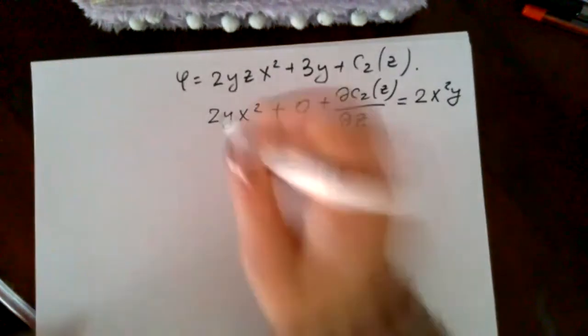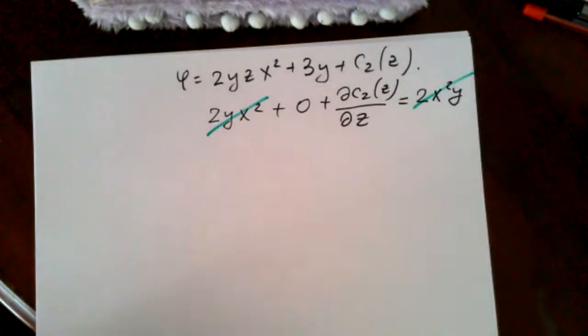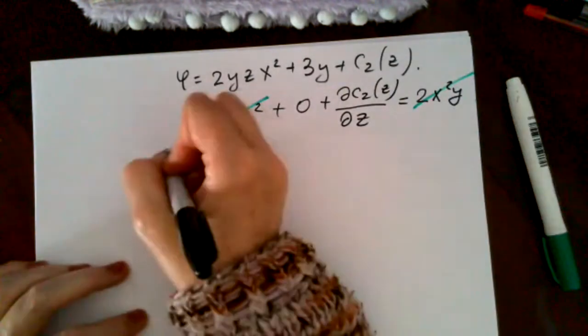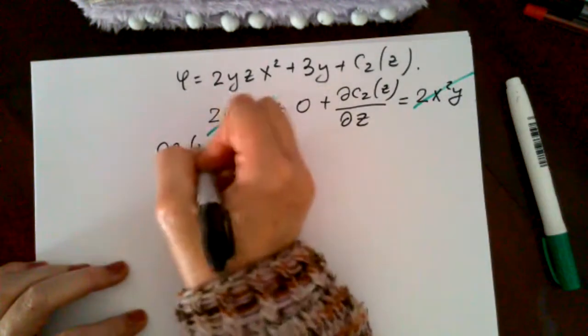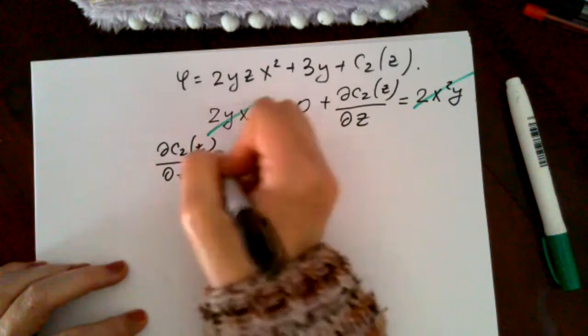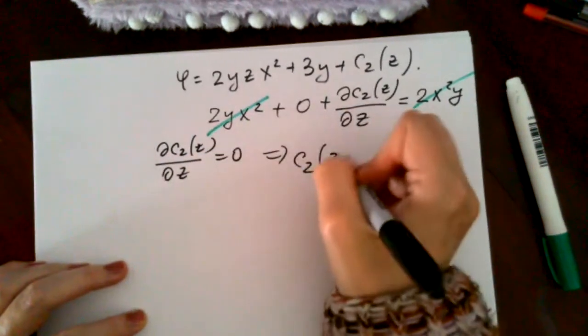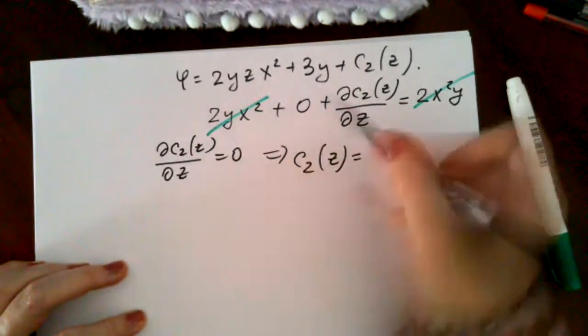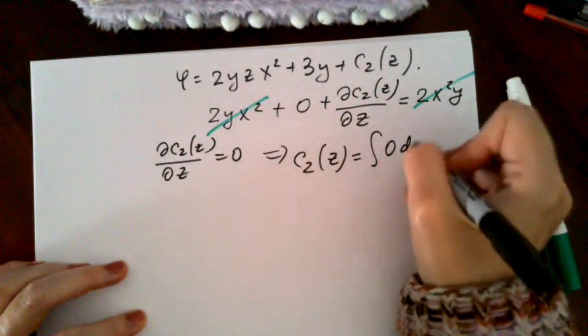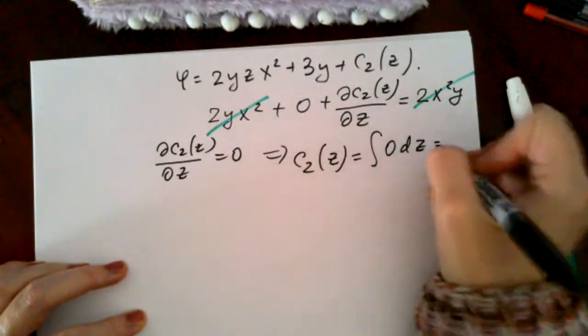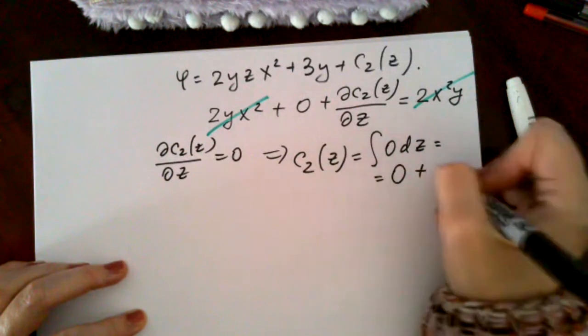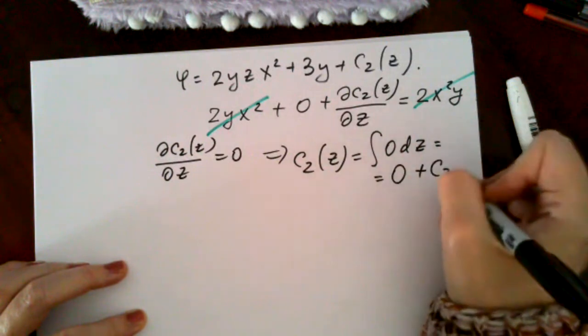Look at this. These two guys get cancelled out, and we end up having the derivative of c2 over dz equal to 0. It means that c2 itself, c2 of z, is equal to the integral of 0, which is 0 plus, I don't know, maybe c3.